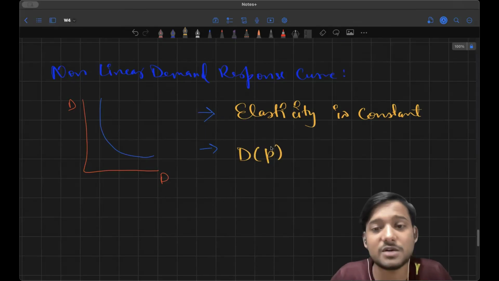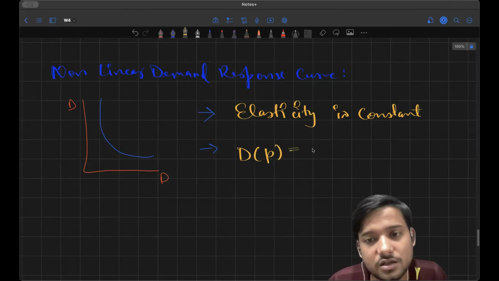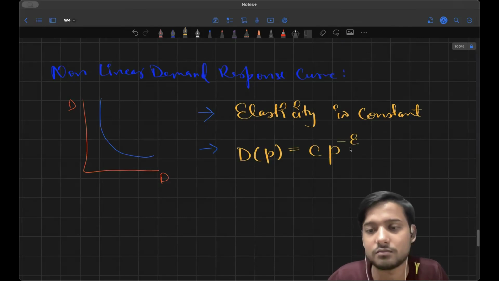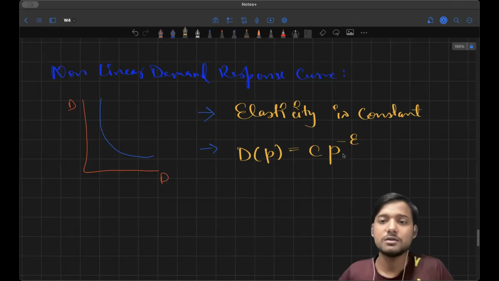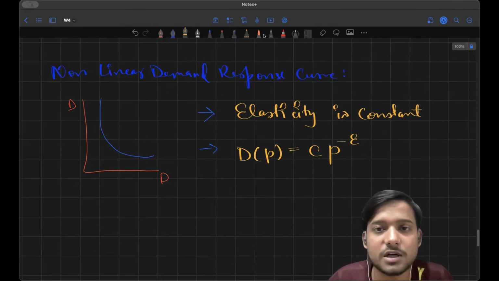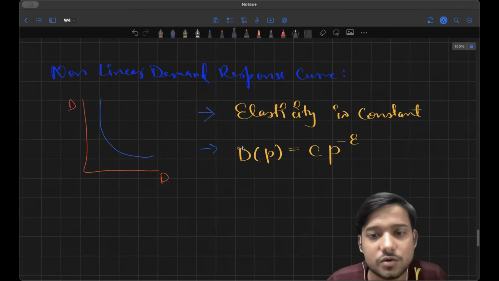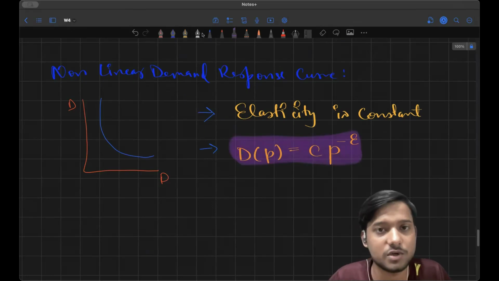D, basically demand as a function of price, is going to be some constant C, and then e to the power minus epsilon, right? Now this epsilon, maybe we can write as elasticity. This is important. This equation which you are seeing is called the non-linear demand response curve equation.